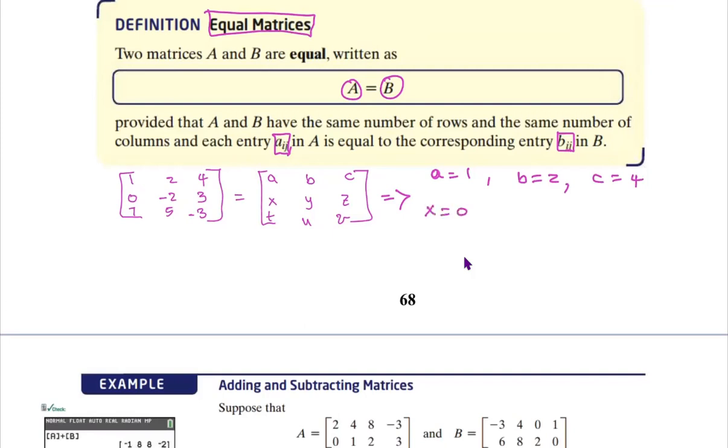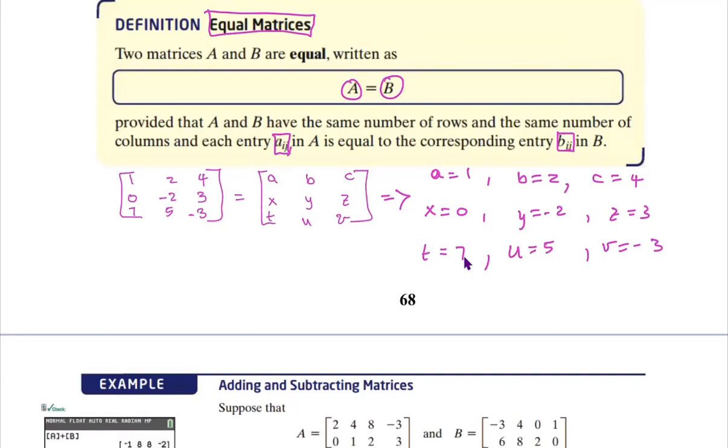X equals 0, Y equals -2, Z equals 3, T equals 7, U equals 5, and V equals -3. The numbers at the same position in the matrices are equal.